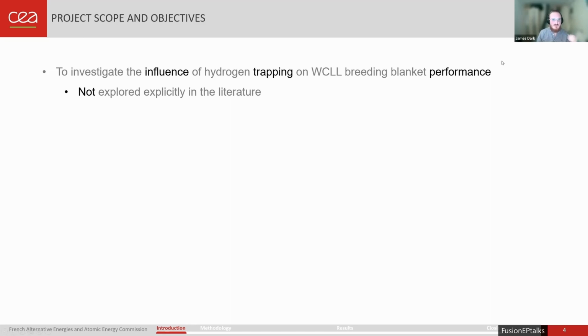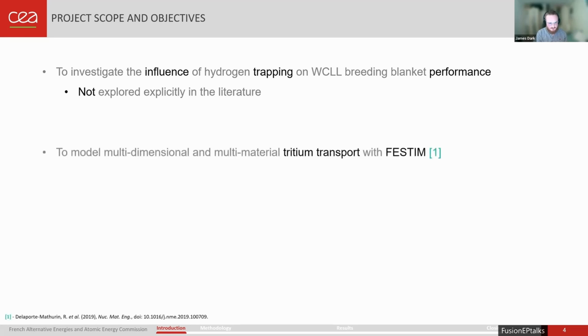This is something that's not been explored properly in the literature at a macro scale, because trapping effects are a given when looking at material level simulations and much smaller scale. But when we look at macro component scale simulations or system codes, it's not something that's really taken into account yet. So this work was just trying to evaluate the importance of them, and whether they should be.